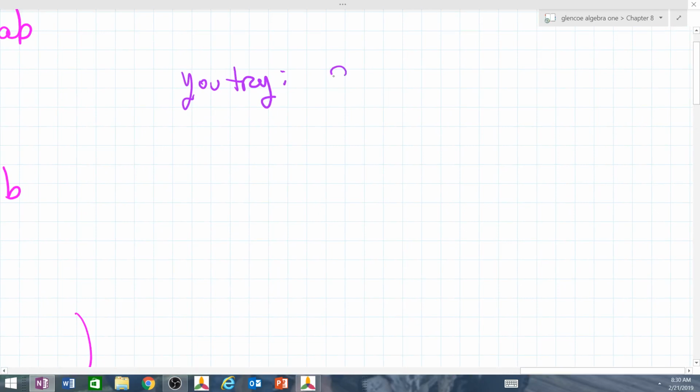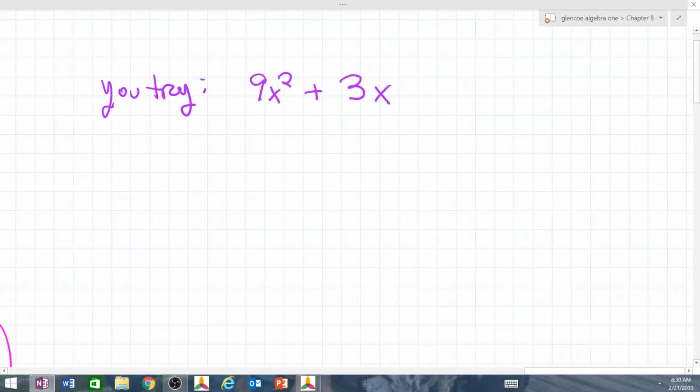Let's try 9x squared plus 3x. Everybody try 9x squared plus 3x. So the first thing I'm going to do is draw my skeleton. And I'm going to find my GCF. It's going to go outside the parentheses, and then I'm going to fill everything in.